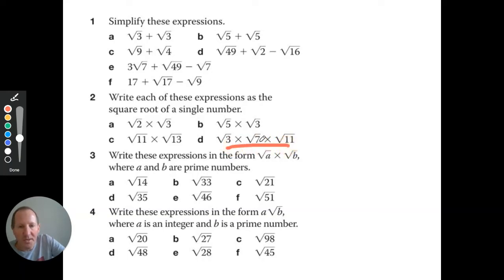So I can do 3 times 7 is 21, then 21 times 11 is 231. Now these I'll need to do a bit of working on, so these I will be doing on paper at the side.